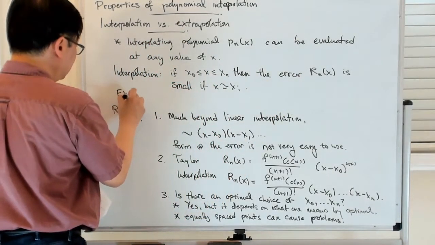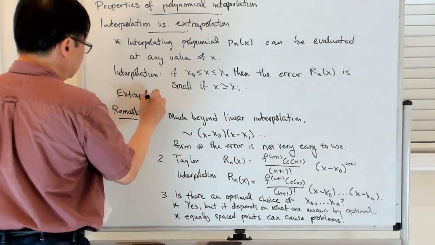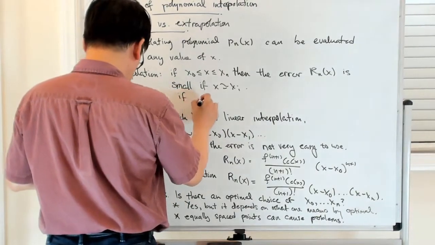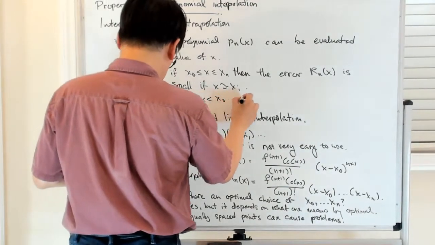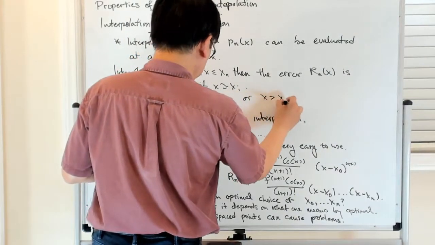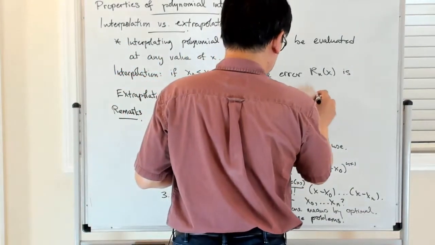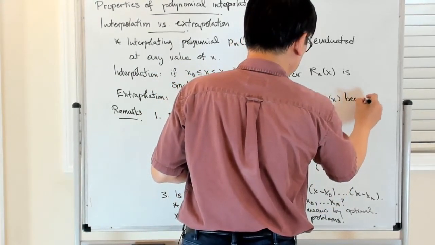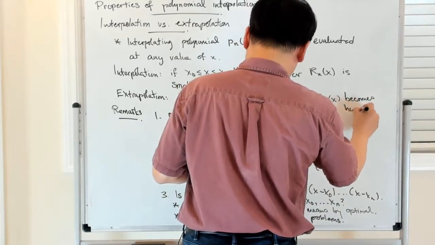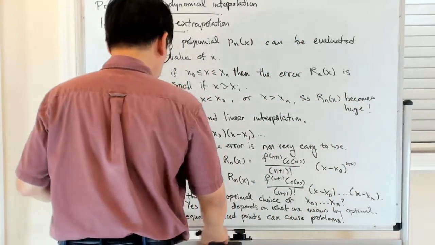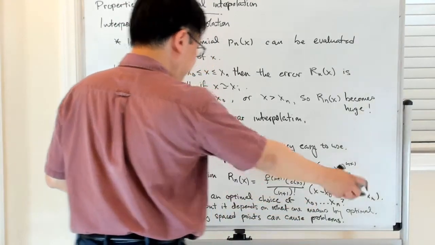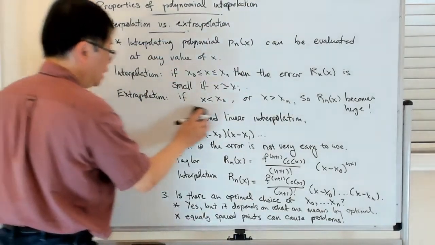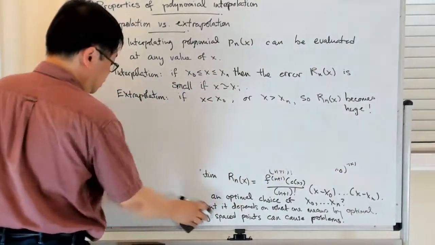But with extrapolation, x may be less than x0 or greater than xn. So Rn becomes large, becomes huge, because again you're taking this product of distances, and if you are outside that interval, many of those factors are going to be very large in all likelihood.